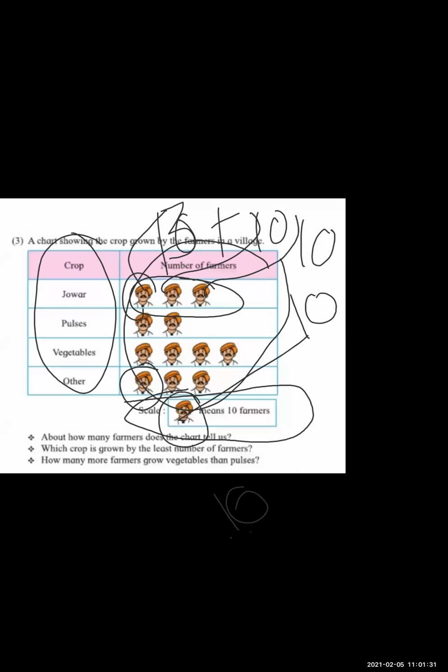Now, look at here. First question is, about how many farmers does the chart tell us? Tell me the answer.